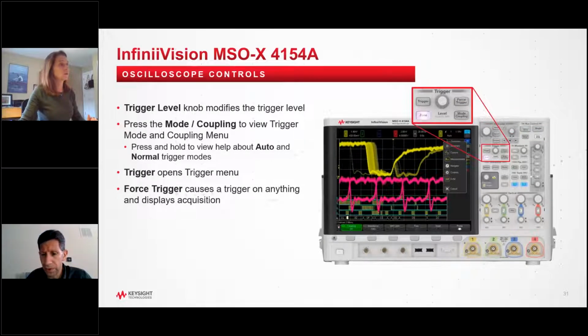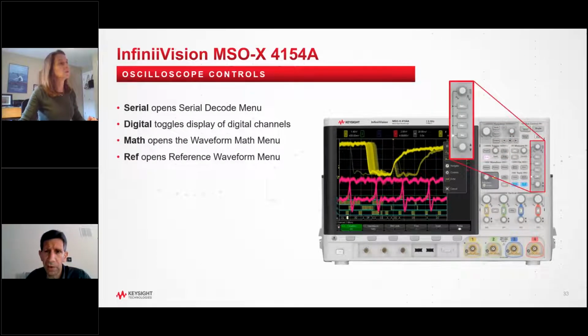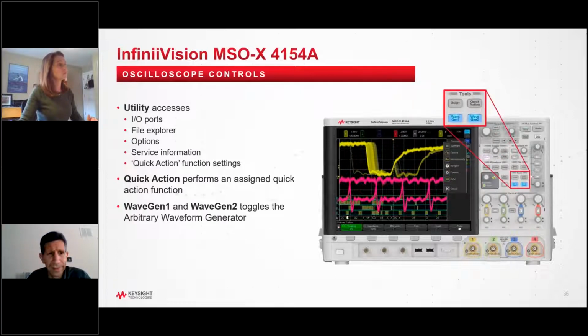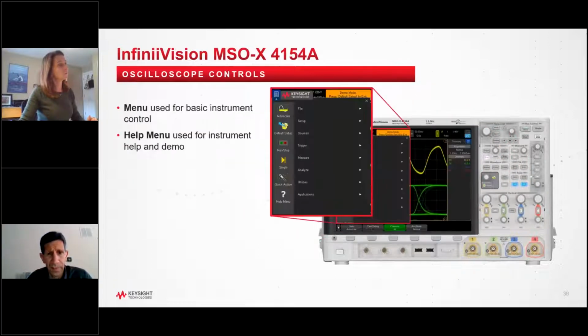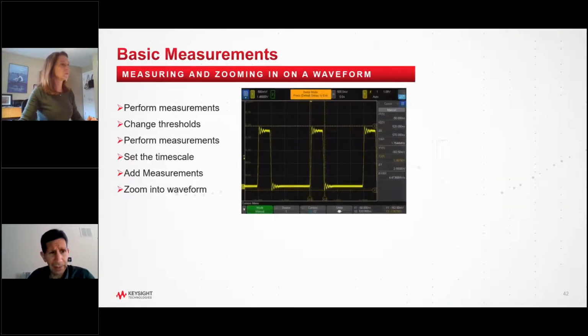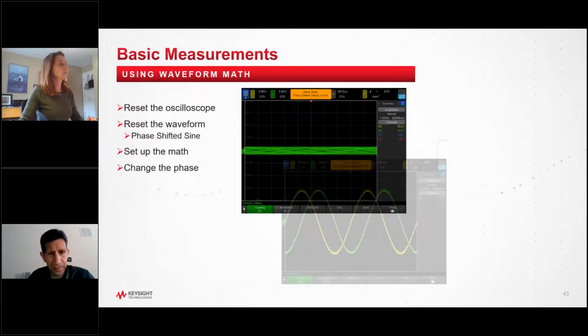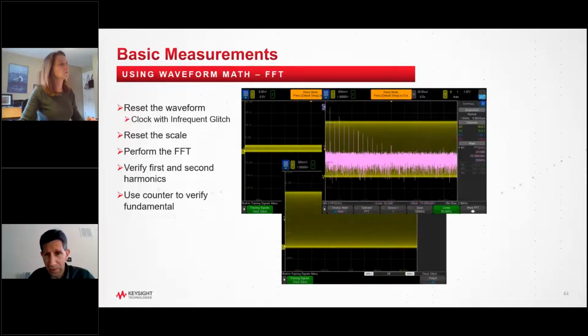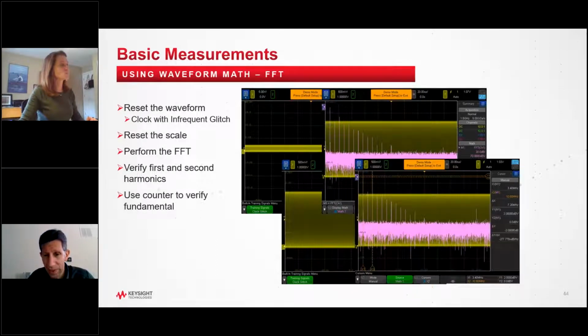But you can see as I advance the slides, all scopes have this in one form or another: a trigger section, horizontal section, vertical section, a serial or mask section, an analyze section, etc. I'm going to skip through these labs here. Sorry for that. You can see some of the measurements here, like FFTs.